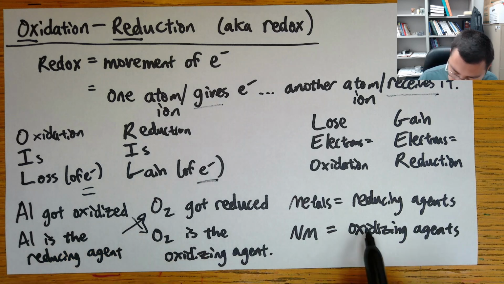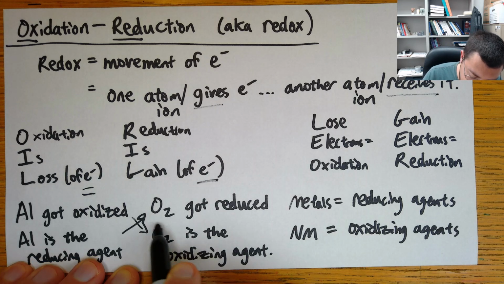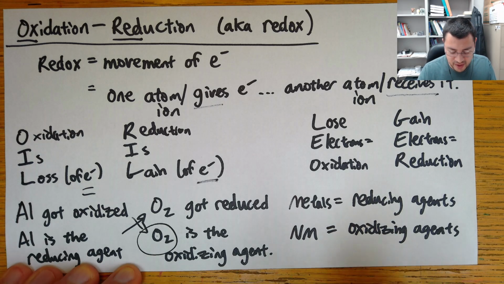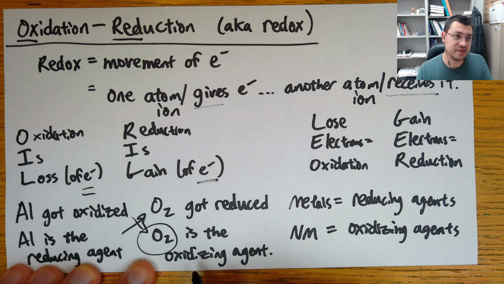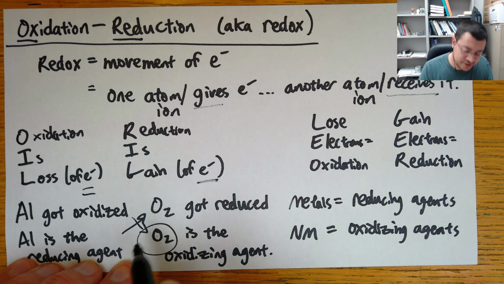The last comment is that oxidation happens very often when you're involving molecular oxygen. Oxygen, O2, is probably the most famous oxidizing agent, so much so that the process of oxidation is named after oxygen.